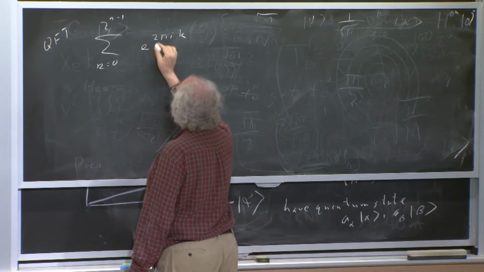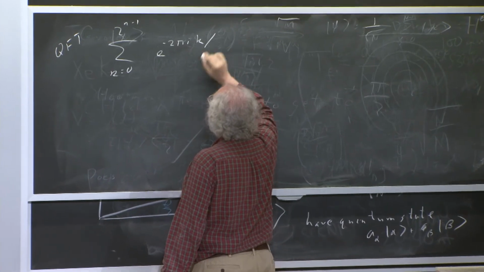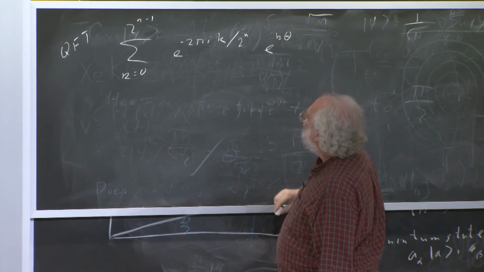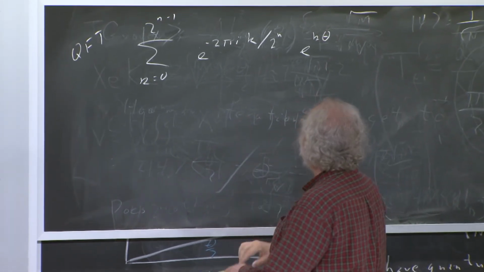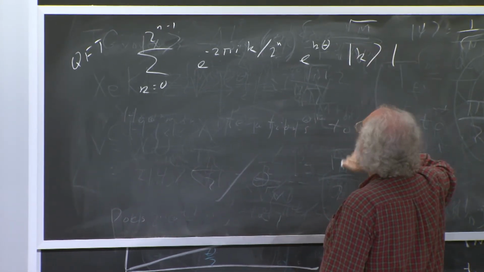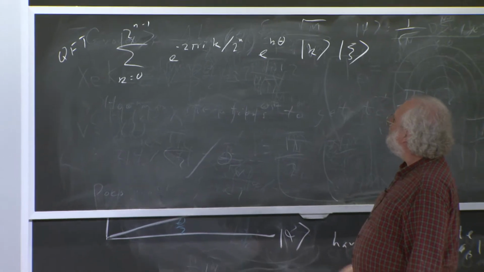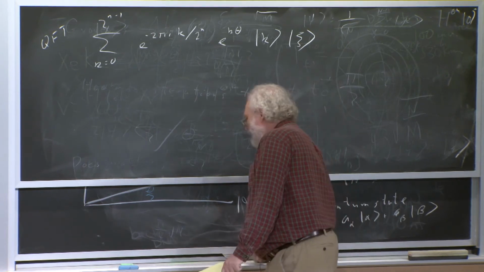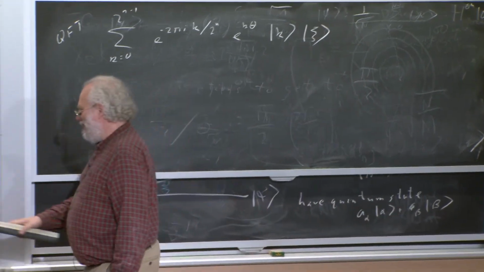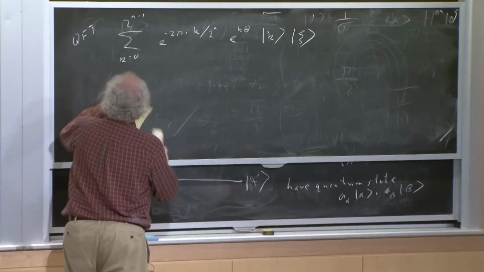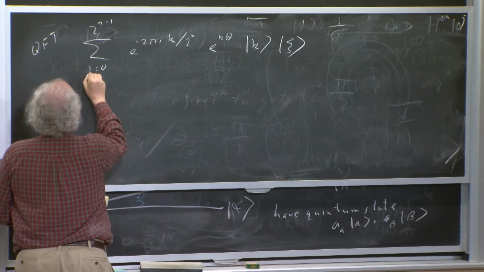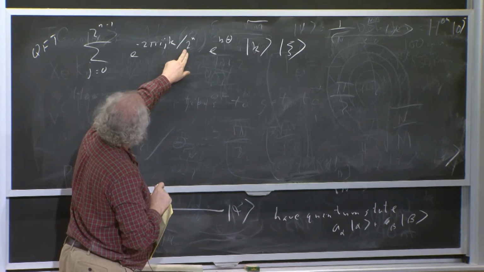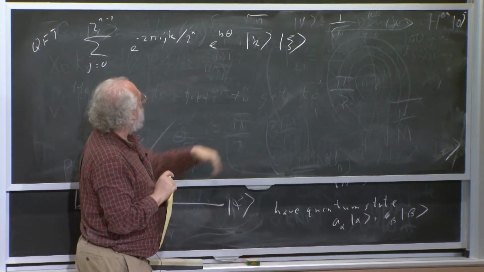And then with the Fourier transform, you get the sum over j equals 0 of e to the minus 2 pi i jk over 2 to the n, e to the i k theta, j psi. We need to get these indices right.